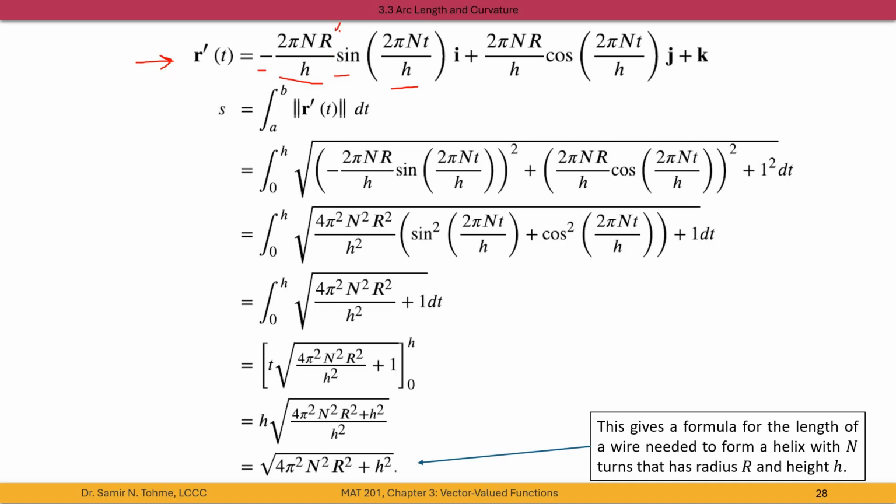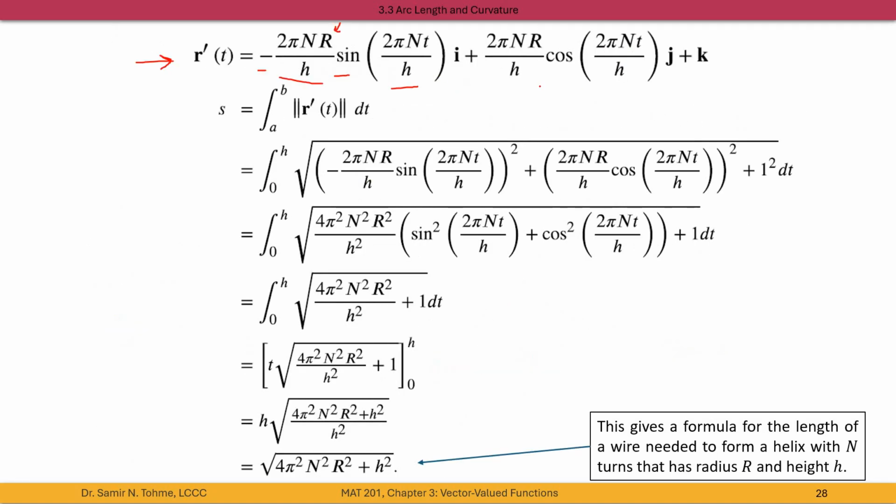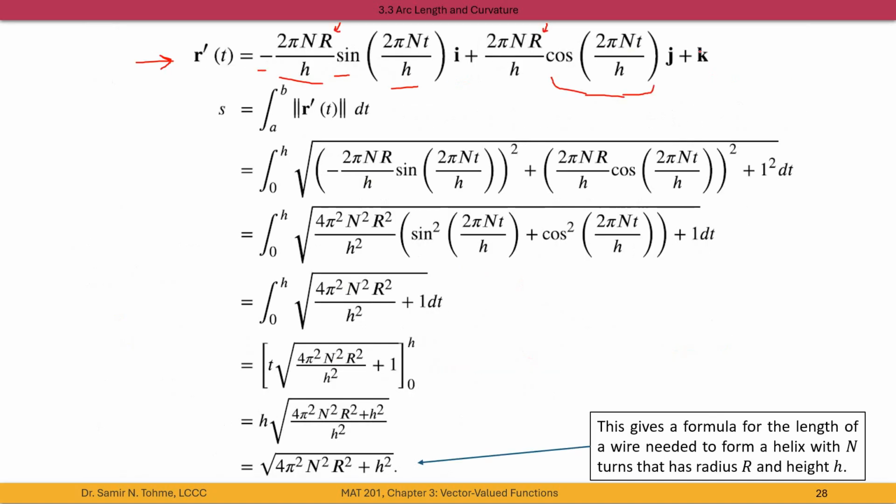And we already have r in the equation. As for the y component, we do the derivative of the sine, which becomes cosine of this argument, and we do the derivative of the argument, where we will have 2 pi n over h, and r, again, we have it already here. And the derivative of t is equal to 1.